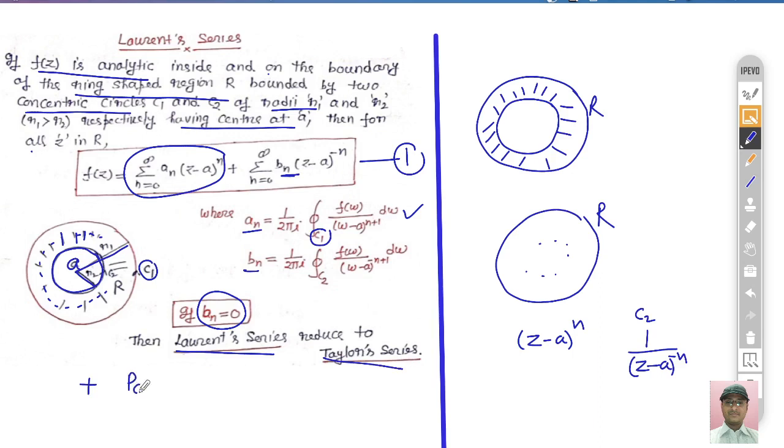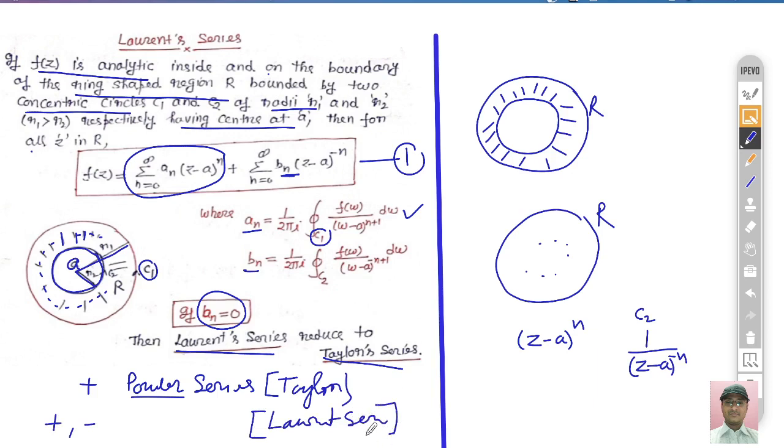So if the power series expands as a positive power, it is a Taylor series. If it is expanding in both positive and negative power, in that case it is called Laurent series, right? So this is the difference between the Taylor and Laurent series.